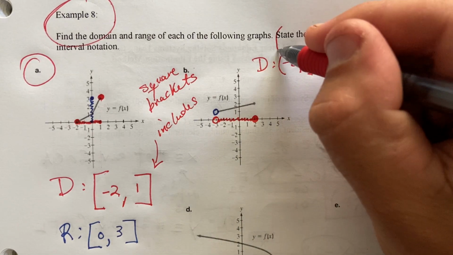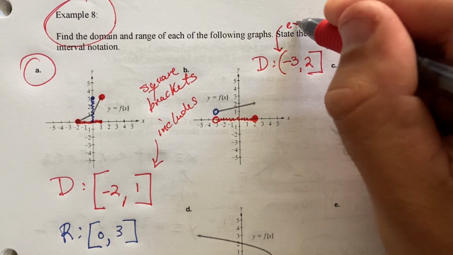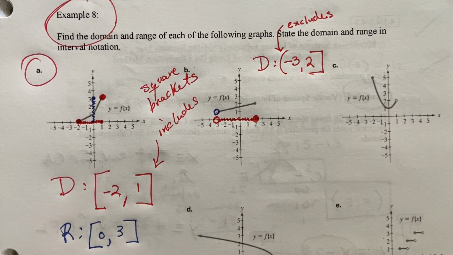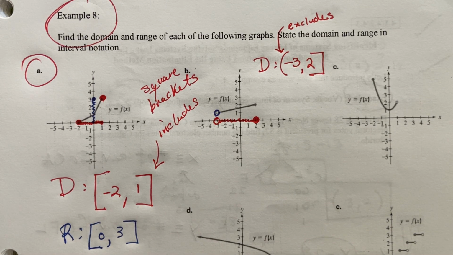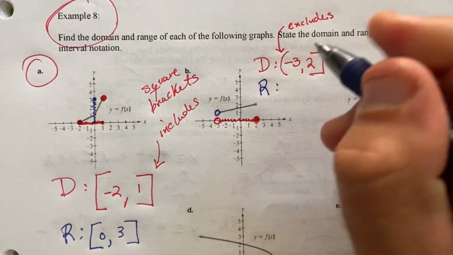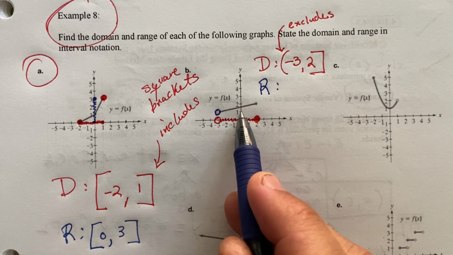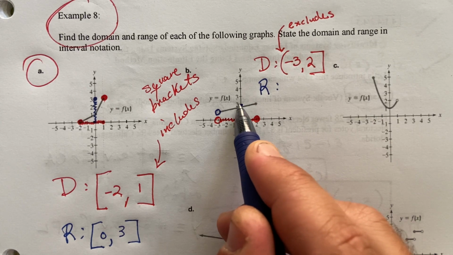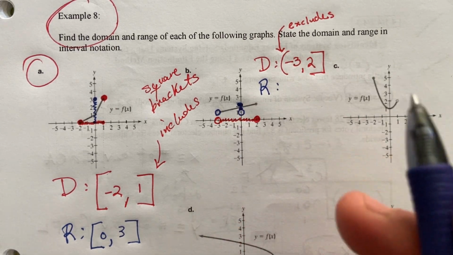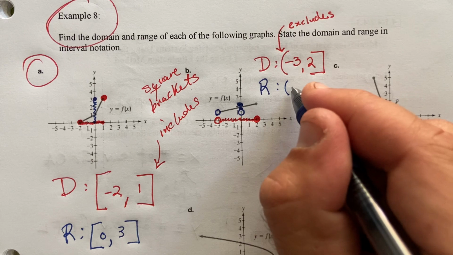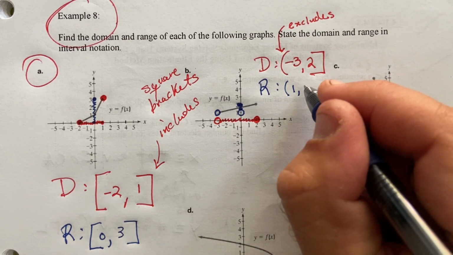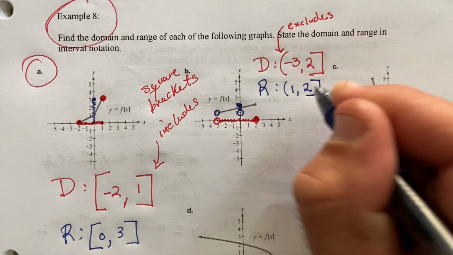So this excludes. For the range, this transfers over. We get an open dot right at 1. It looks like we have a closed dot right at 2. So 1, we're counting vertically now on the y-axis. 1, 2, and then closed at 2.